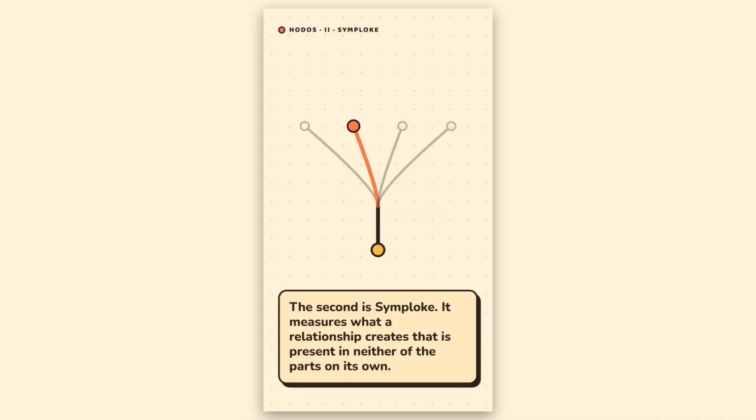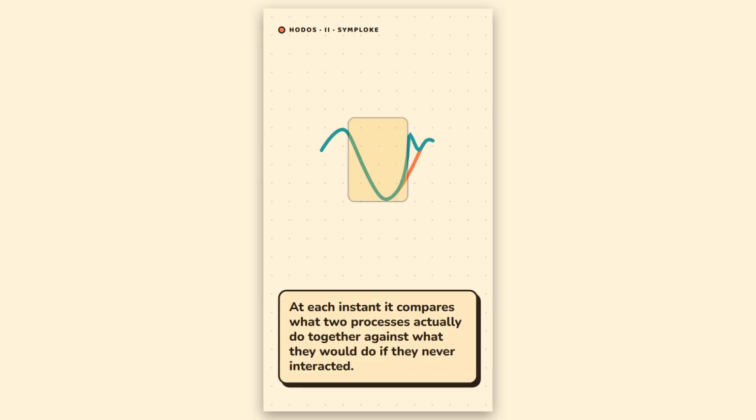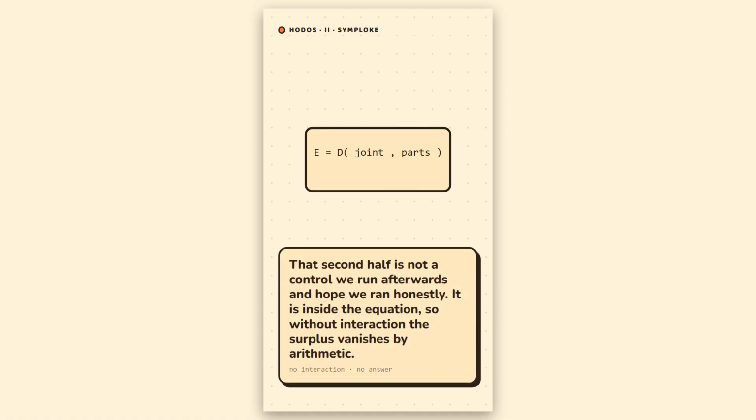The second is Symploke. It measures what a relationship creates that is present in neither of the parts on its own. At each instant, it compares what 2 processes actually do together against what they would do if they never interacted. That second half is not a control we run afterwards and hope we ran honestly.